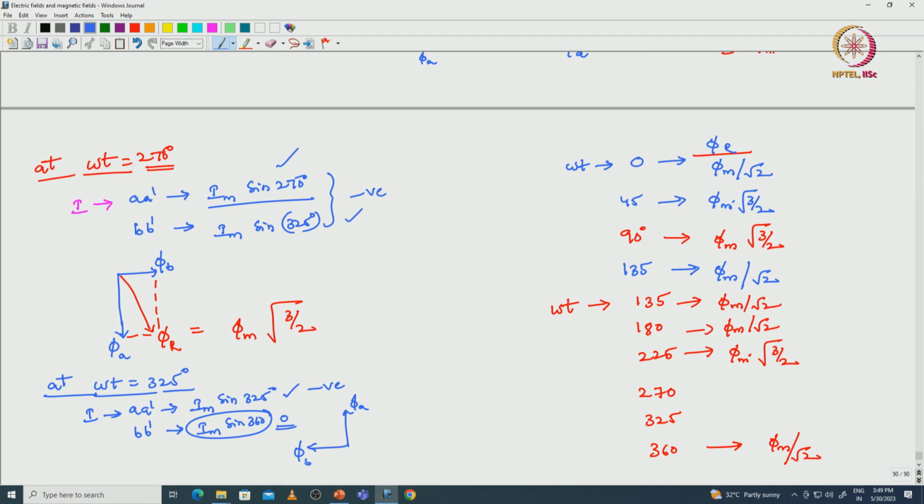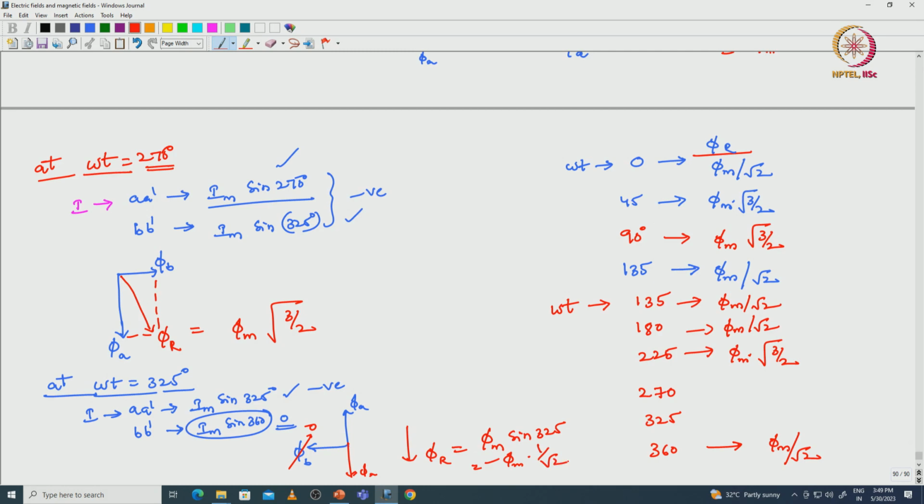So, the phi B value is 0, only phi A is there. Then the resultant phi A vector is in the opposite direction because of the negative current. This is the resultant vector, and its magnitude is phi m sin 325, that is sin(360 minus 45), which we can consider as minus phi m into 1 by root 2.